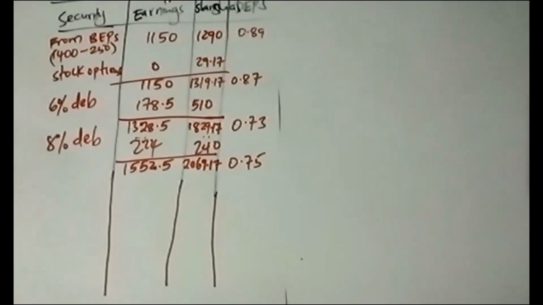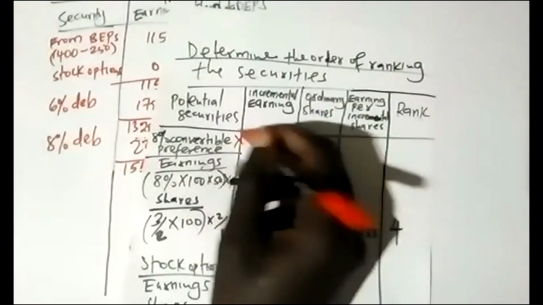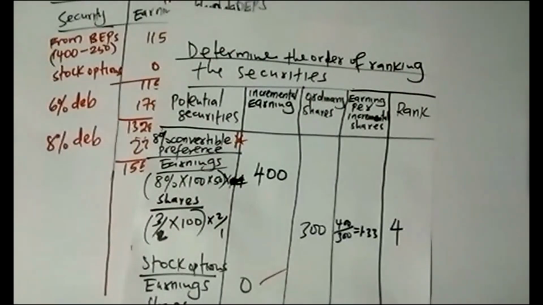If you add it and divide 1552.5 by 2060.17, you are getting 0.75. Then the last one is the 8% convertible preference.